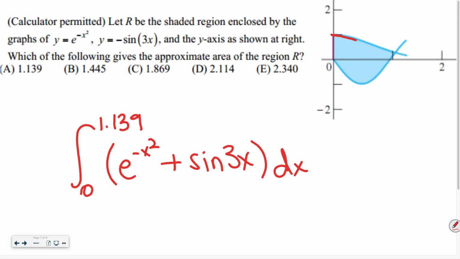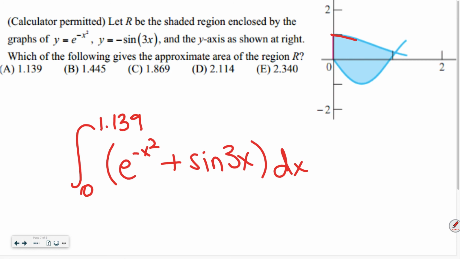So when you actually do Math 9, and I did it on this calculator, I probably should have done it up there, but it's going to take too much time. When I hit Math 9 and put 0 to 1.139, I'm not going to type in e to the negative x squared. If I hit alpha F4, I can select Y1 minus alpha F4, I can select Y2 dx.